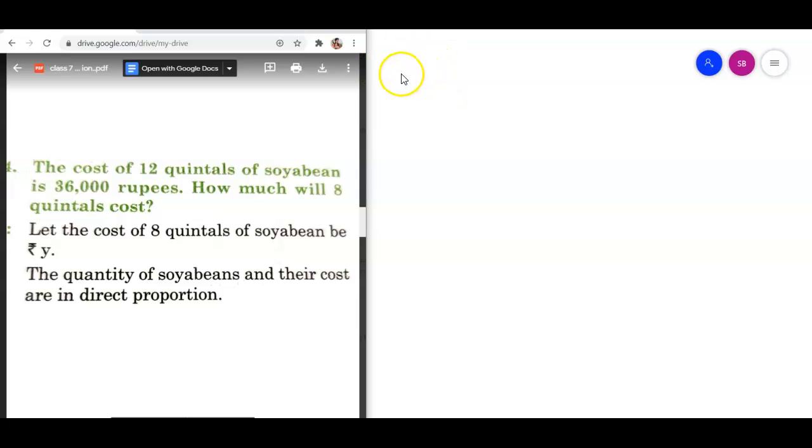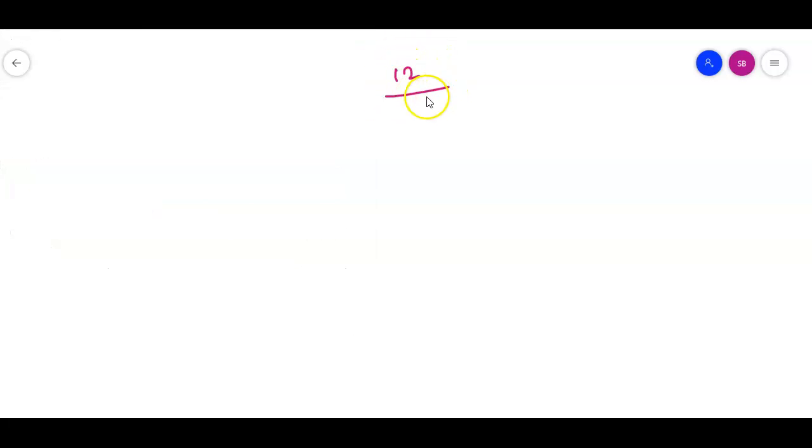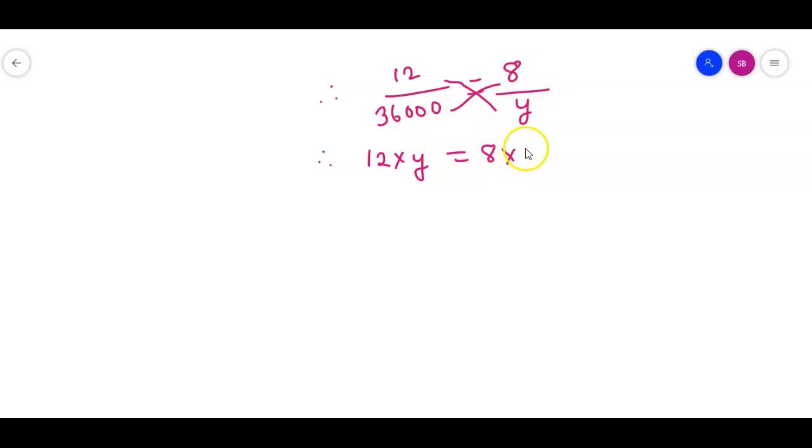Now we know that 12 quintals cost rupees 36,000, and we have to find out the cost of 8 quintals of soya bean, and the cost we have kept as y. Therefore now we are going to cross multiply: 12 into y is equal to 8 into 36,000.